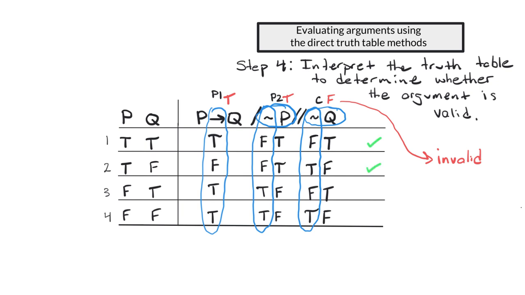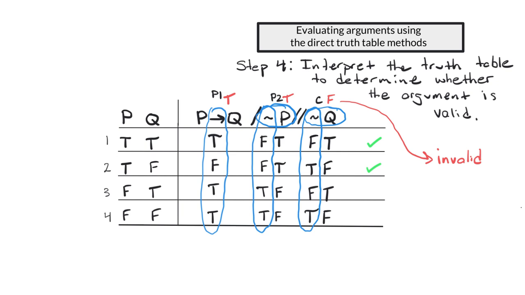That is, they don't show the pattern of having all true premises and a false conclusion. But let's look at row 3. Row 3 is where P is false and Q is true. Well, here premise 1 is true, premise 2 is true, and the conclusion false.